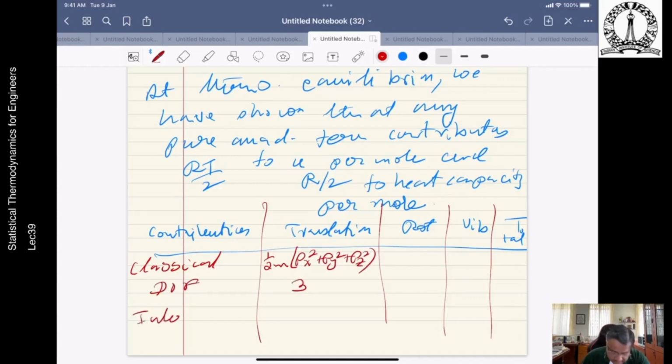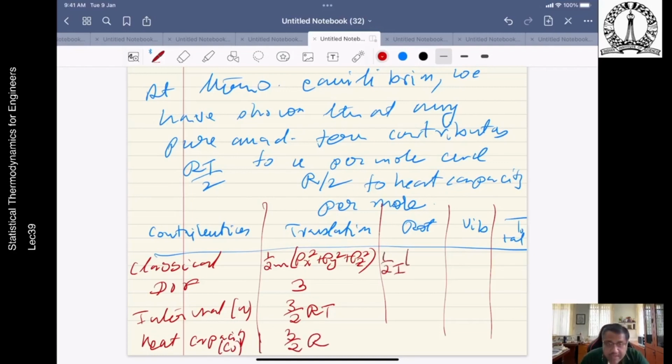Internal energy U is 3 by 2 RT, and heat capacity CV is equal to 3 by 2 R. The rotational contribution is 1 over 2I times L squared, two terms, so we already know RT.